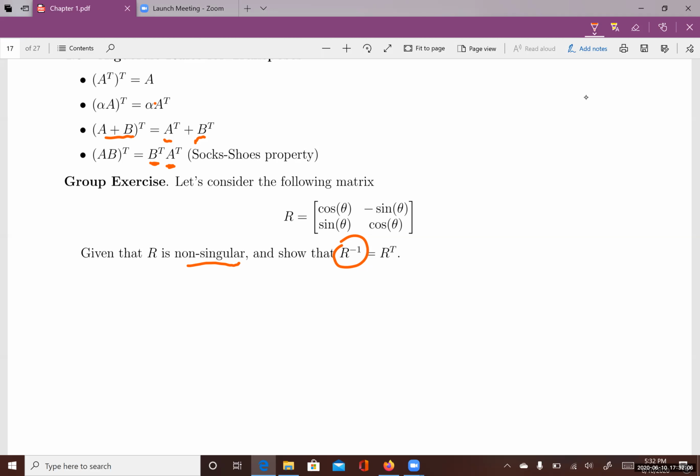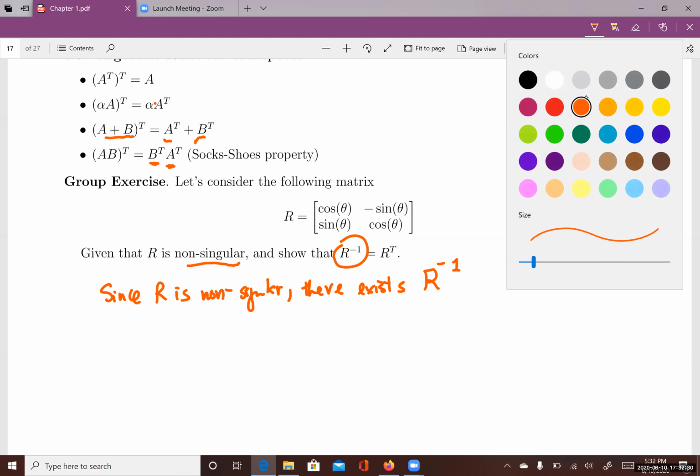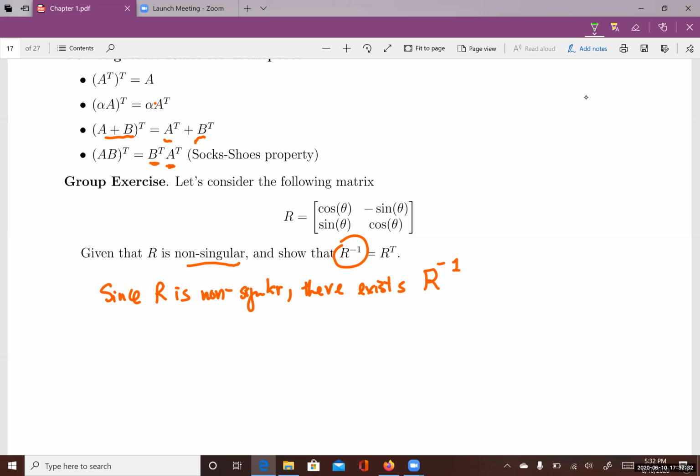Okay, so you say since R is non-singular, by the definition there exists R inverse, right? R inverse means if you multiply R by R inverse, you get I, and vice versa.